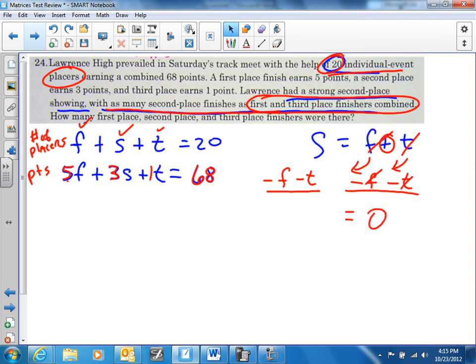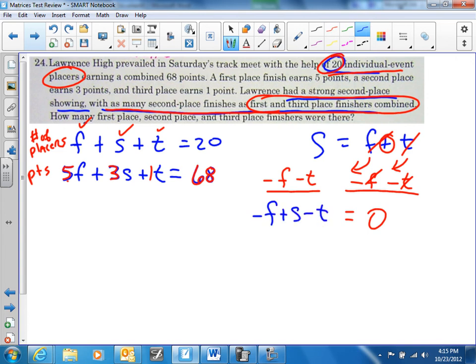All right? And I'm simply going to put this in the order of negative F plus S and then minus T. Notice that everything goes in order, okay? And so I'm simply going to slide this over here. Negative F plus S minus T equals 0.